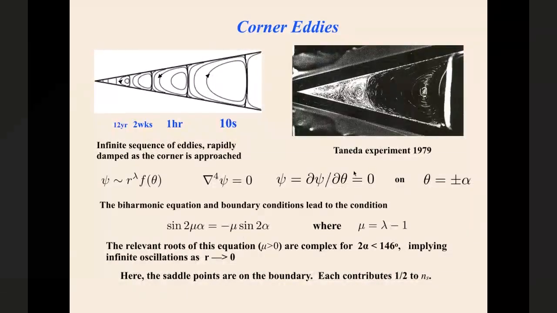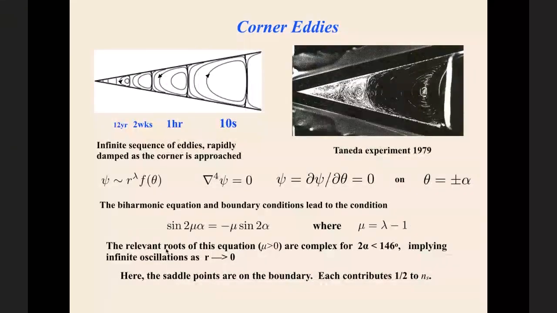Well, these equations, I needn't go into the detail, but they lead to an equation which determines the exponent lambda: sine 2 mu alpha equals minus mu sine 2 alpha, where mu is lambda minus 1.